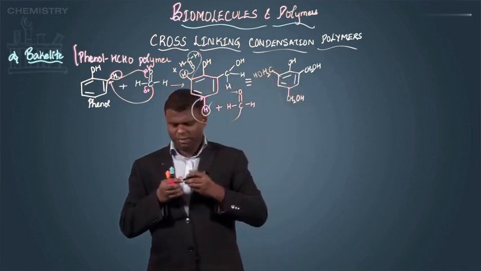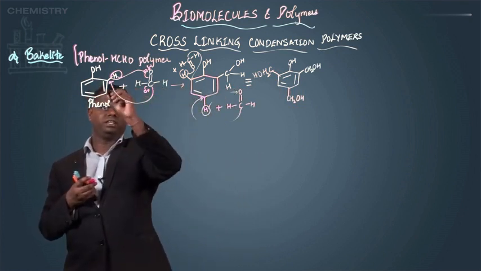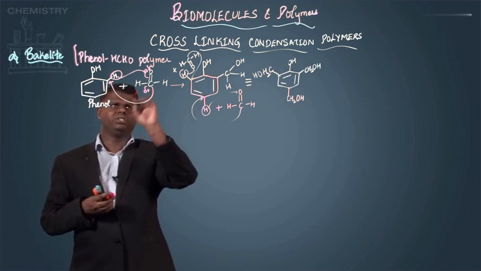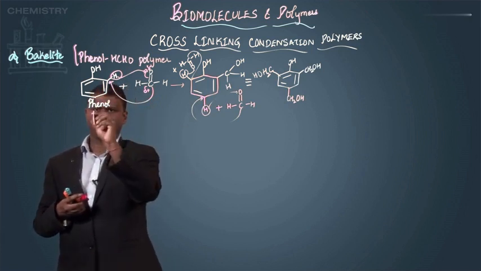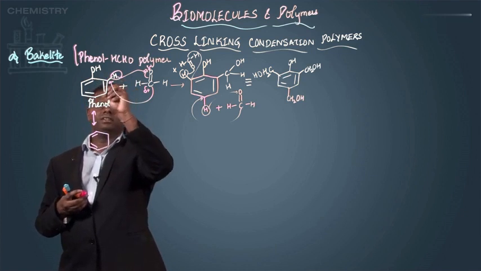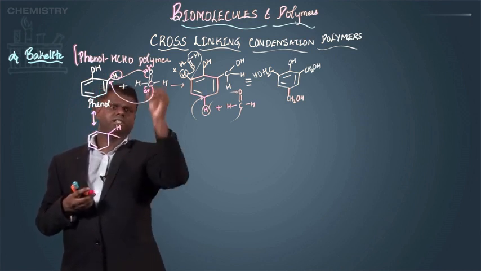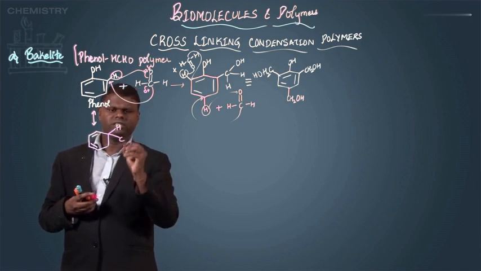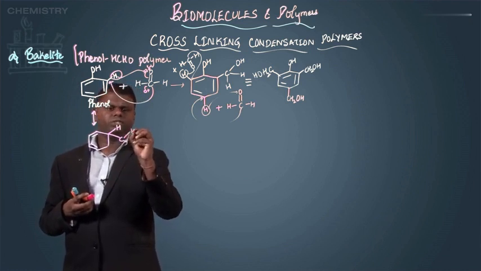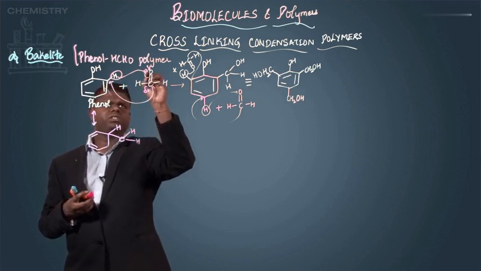Now when we are discussing the mechanism, what exactly happens is this bond comes up and it gets bonded to this particular carbon. Then hydrogen gets transferred. So it is something like this. You have a benzene ring over here. Now these pi electrons are used up to form a bond. So you have hydrogen over here. Then this gets connected to carbon. This carbon is connected to hydrogen. When this bond comes and attacks here, oxygen takes up the electron.